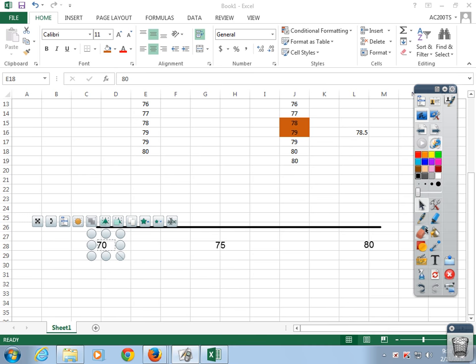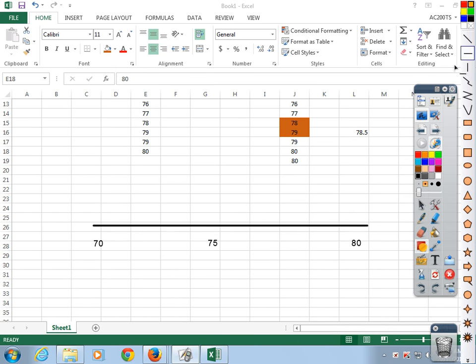Alright, so here we go. Let me put my vertical lines on here because I don't like the way it looks. I'm going to put one right here, and then another one right here and another one right here, and then one right here, and another one right here, and another one right here.